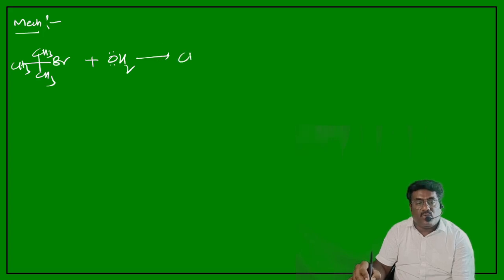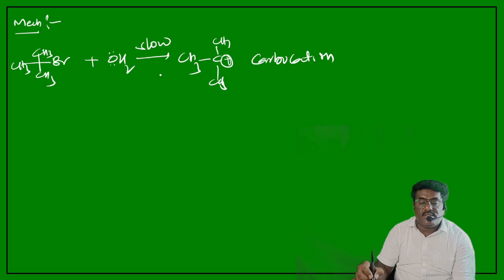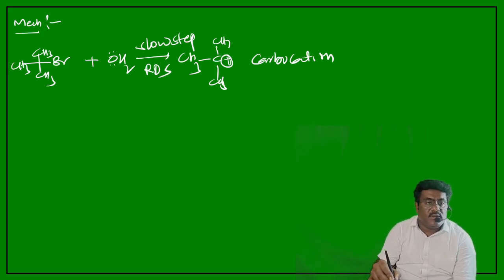It forms a carbocation, (CH3)3C plus. The tertiary butyl carbocation is formed. It is a slow step reaction, the rate determining step.